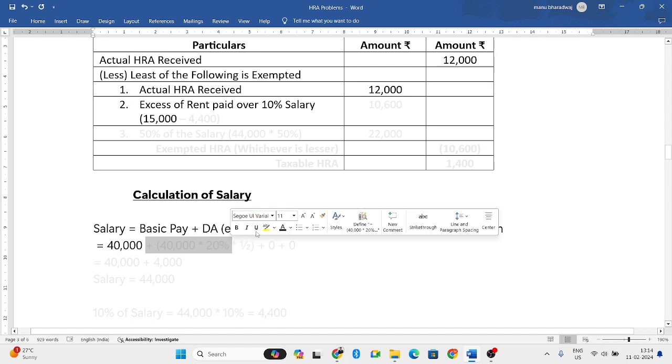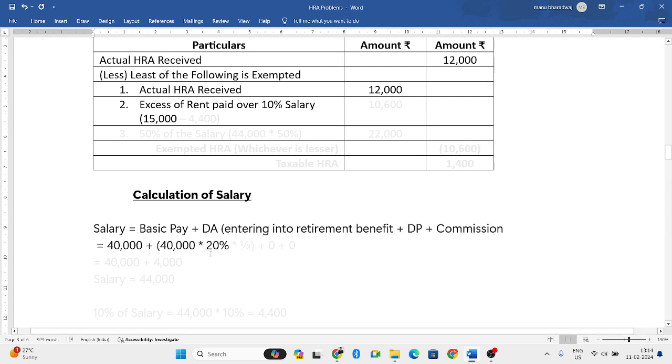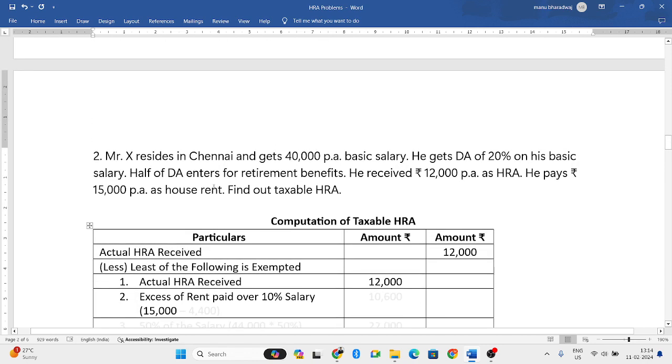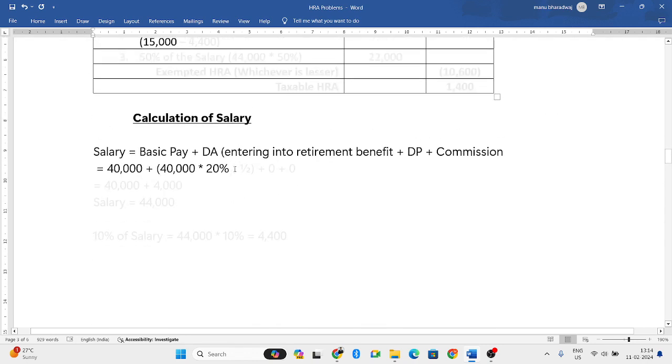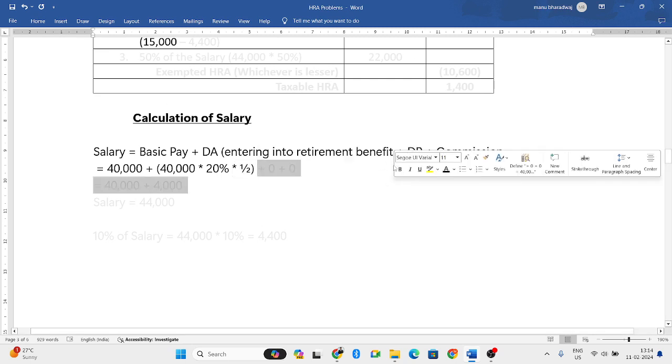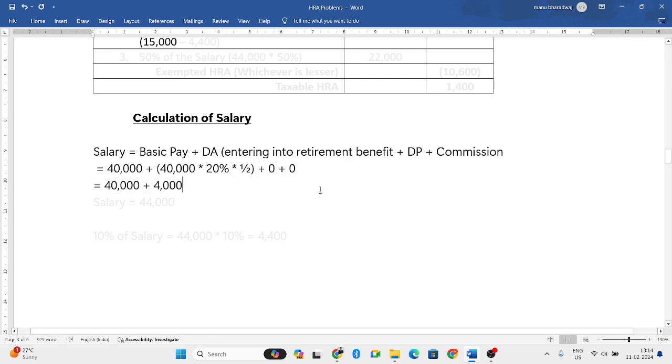So 40,000 into 20%, 20% of the basic pay is DA. Half of that enters into retirement benefits. DP and commission you don't have, so I have written 0 and 0. So 40,000 plus 40,000 into 20% into 1 by 2 will be 4,000. If you add both, you will get the salary, that is 44,000.